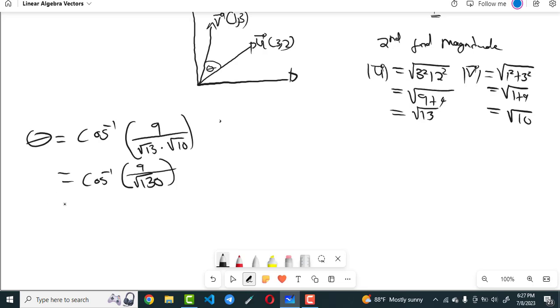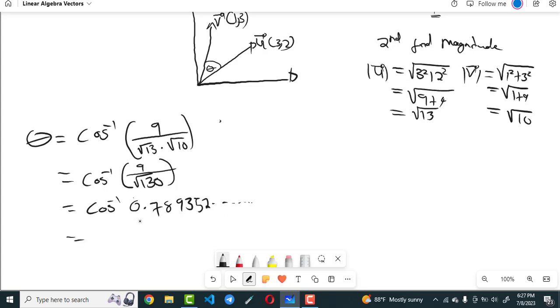Now, cos theta is equal to cos inverse. Here, if you find cos inverse of this number, we get 0.789352, and it goes on and on.